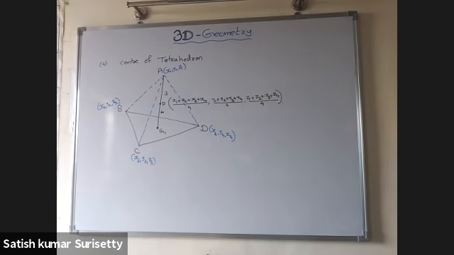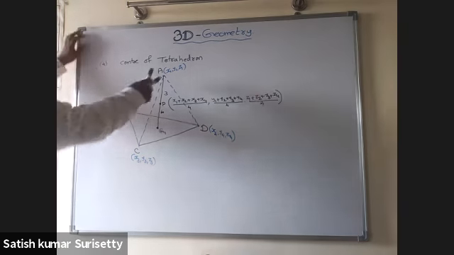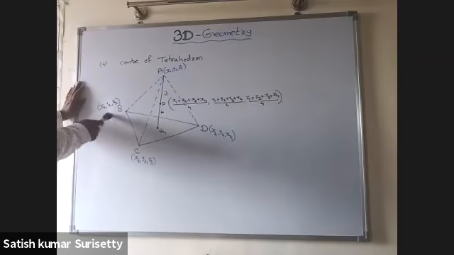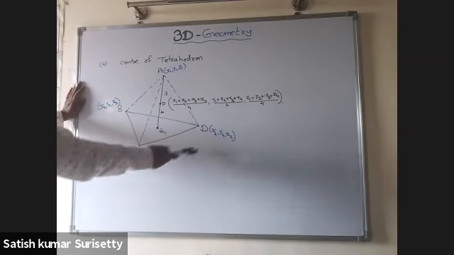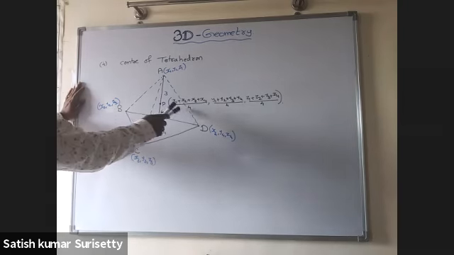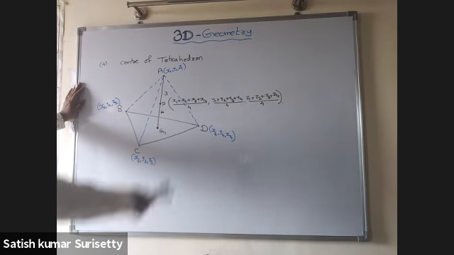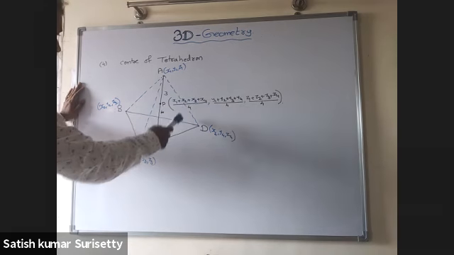Center or centroid of tetrahedron ABCD, where A(x1, y1, z1), B(x2, y2, z2), C(x3, y3, z3), and D(x4, y4, z4), is P, which is (x1 plus x2 plus x3 plus x4 by 4, and so on).